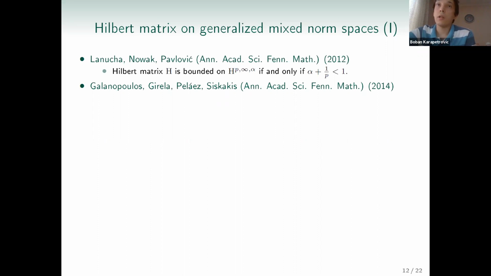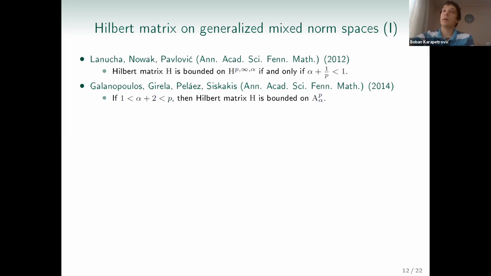They also obtained the following results related to the classical Hilbert matrix. If alpha plus 2 is between 1 and P, then the Hilbert matrix H is bounded on this weighted Bergman space, AP alpha.